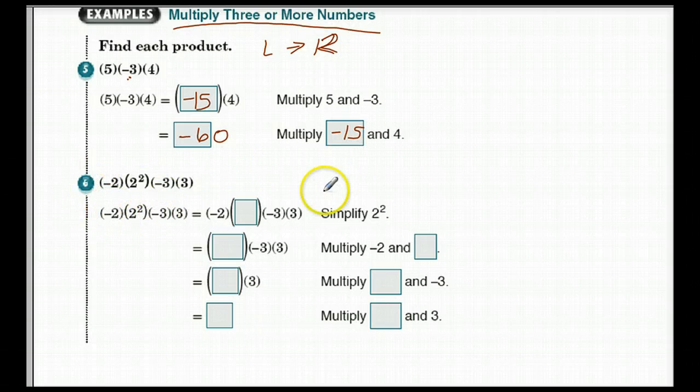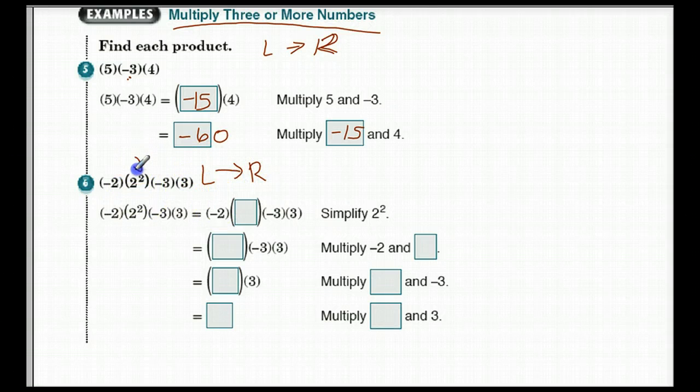Now we're still using order of operations. Order of operations tells us that we have to do our exponent first, right? Even though it looks like we have grouping symbols here, this is just separating what we're multiplying together. There's no actual grouping symbols. These are just separating our terms. So we do exponents, then we're going to multiply. Again, we're going to move from left to right.